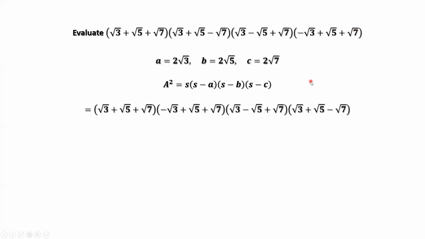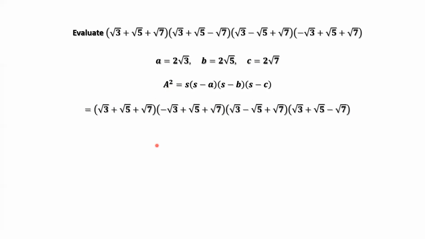Now the question changed to what? We want to find the area squared. We don't want to directly evaluate this expression. Now we can find the area, using the trig method.